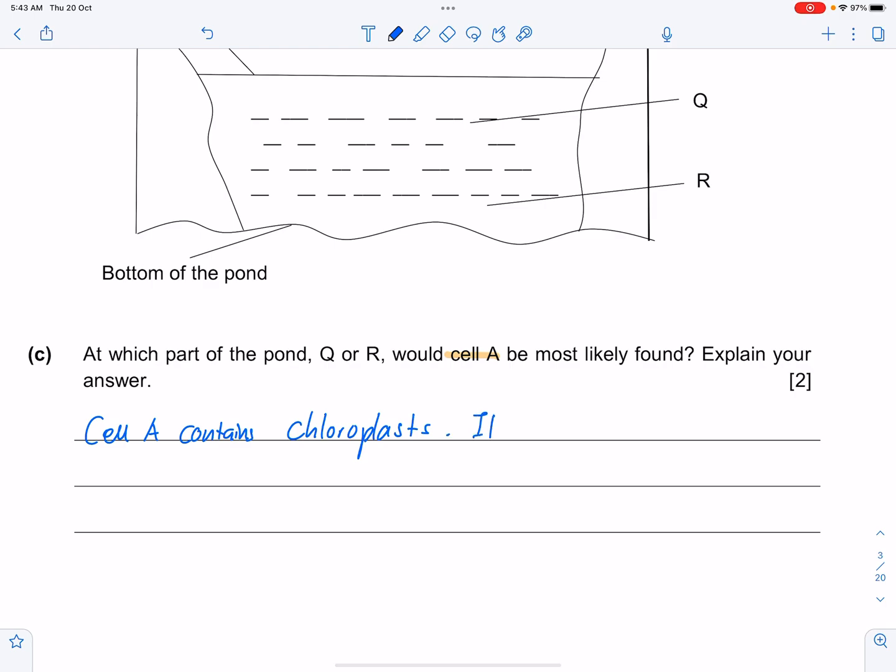So it will be found at Q as Q is nearer to the sun.